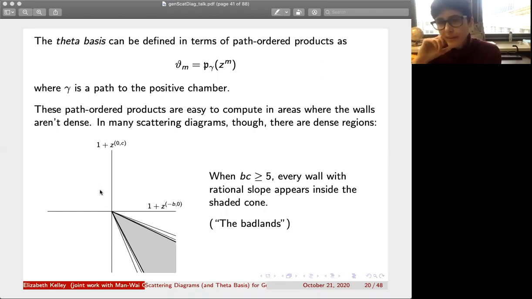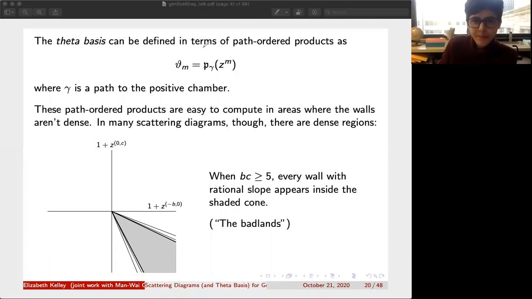But the problem is that when you get outside of these really simple examples, most of the time there are areas where the walls are dense. So for example, if your exchange matrix, so the exchange matrices typically have the form 0, b, minus c, 0. So when this product of b and c gets large enough, and by large enough, I mean not even really that large, right?